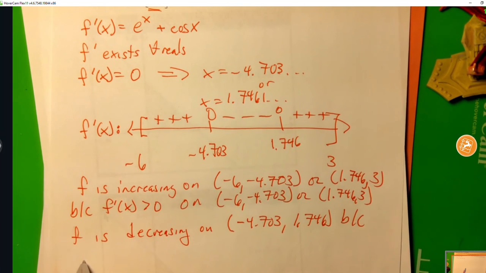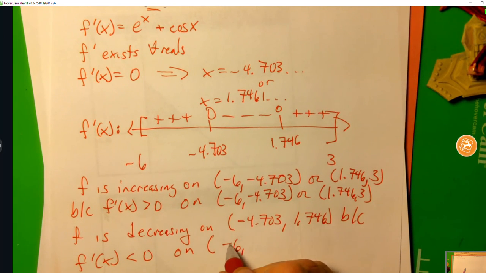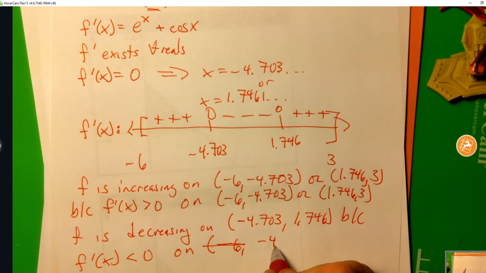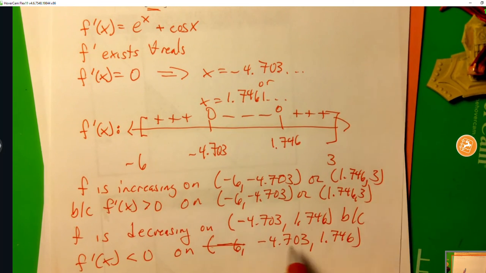Why? Because my derivative is less than 0 on, I copy the interval down. Oops, I almost copied the wrong interval, and see, that will happen to somebody. We all do it. Okay?